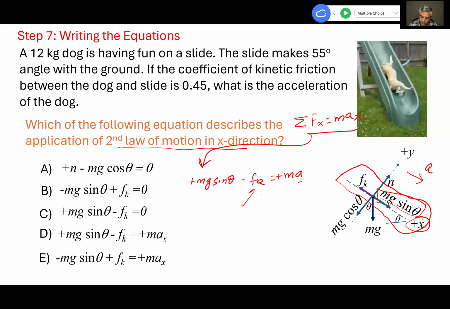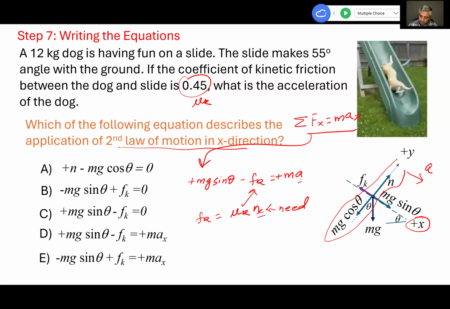Now here is this friction force and here, the friction coefficient. They are not the same, they are related. So we need to replace that by mu k times n. But what is n? Just like when we did that in the horizontal case, we need n, and now n is in the y direction.